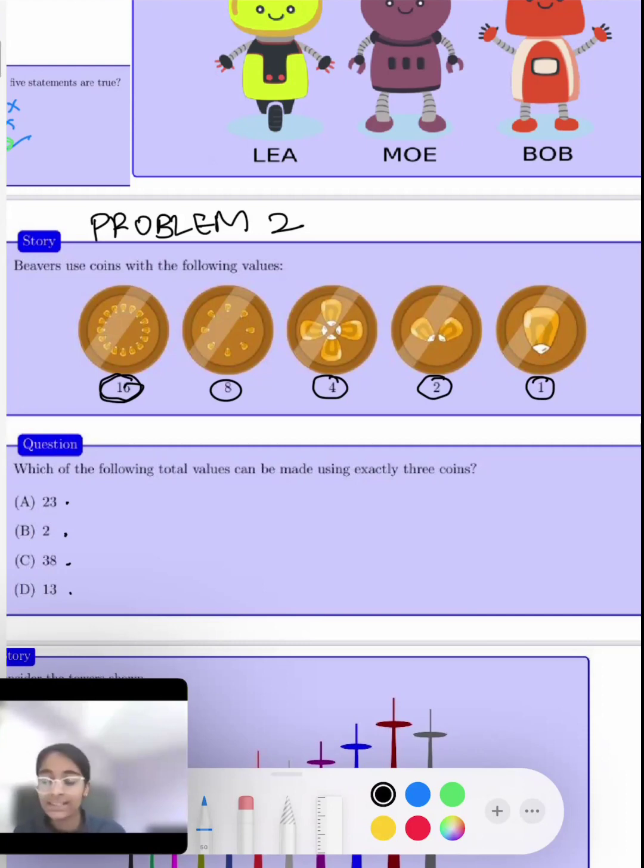So they're asking if you take any 3 coins out of these 5, which of these values, A, B, C, or D, can you make? I'm going to give you 1 or 2 minutes to try this problem on your own. Once you're done, again, please raise your hand.